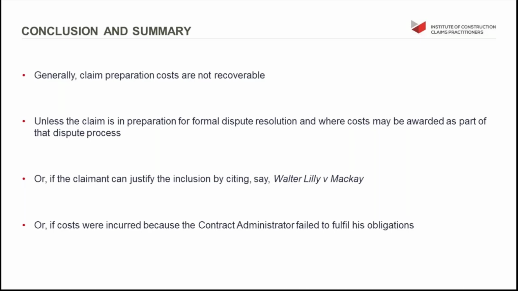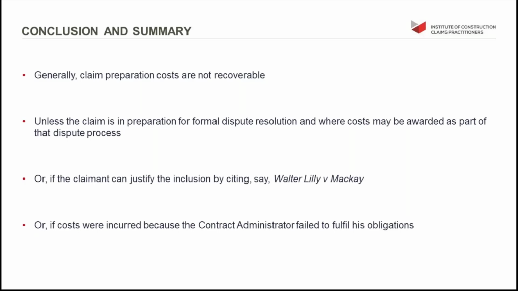Now, what I would say in that final one is, for those of you that have experienced this, you'll have had the contract administrator or the engineer putting forward a defense that the only reason he couldn't fulfill his obligations was because the contractor didn't provide a claim that was good enough to assess, that you didn't provide sufficient particulars.